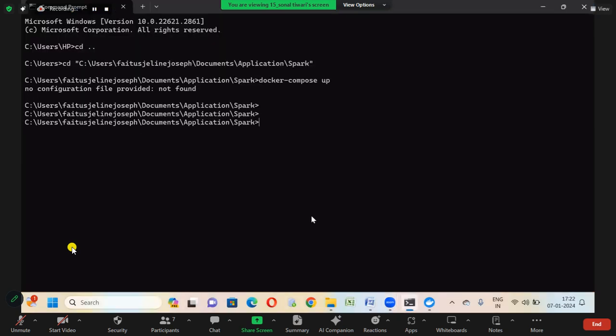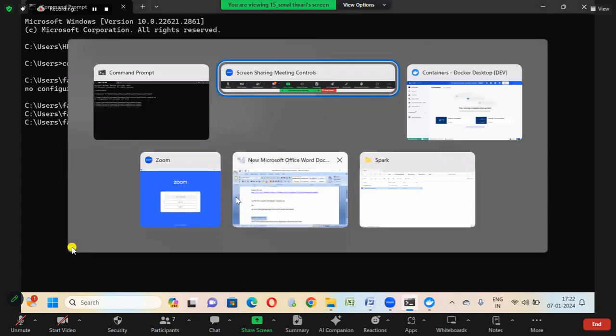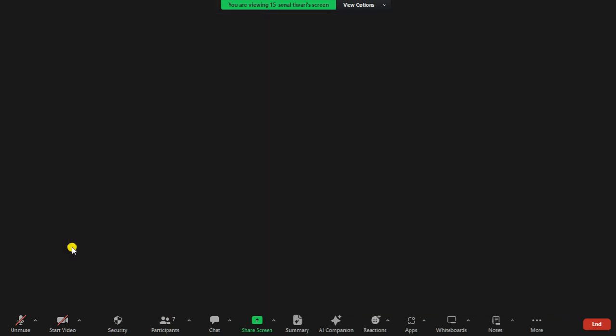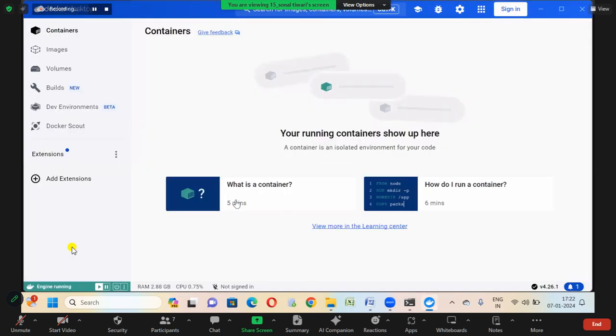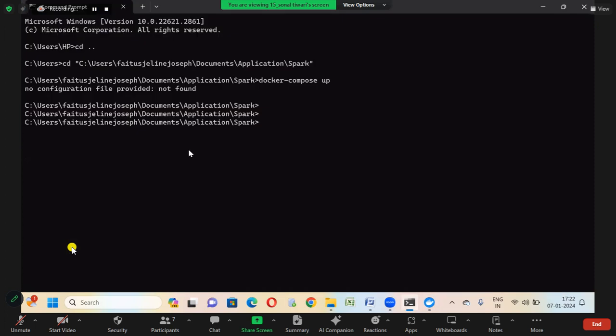Yeah, it is open. Docker desktop is up. Just show me. Okay. It's okay. Now you run Docker Compose up.